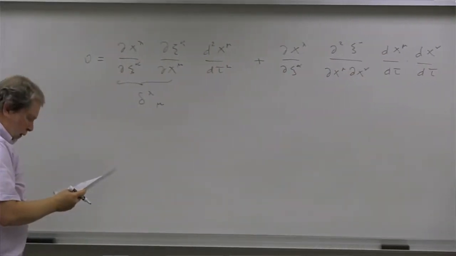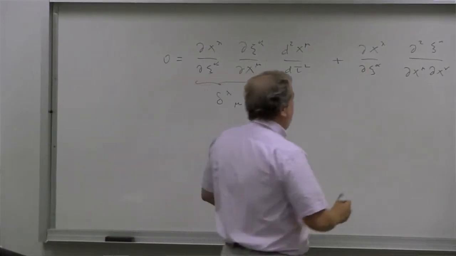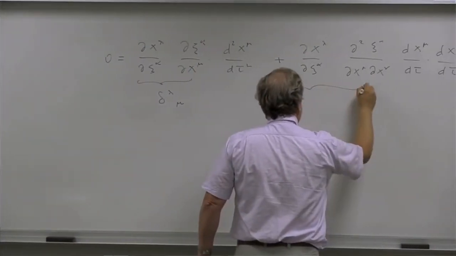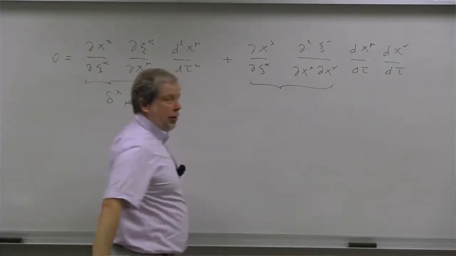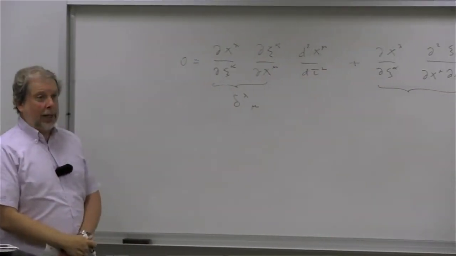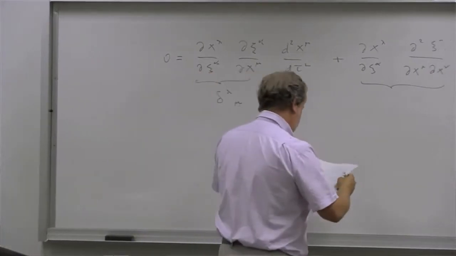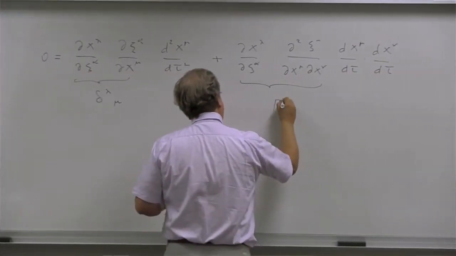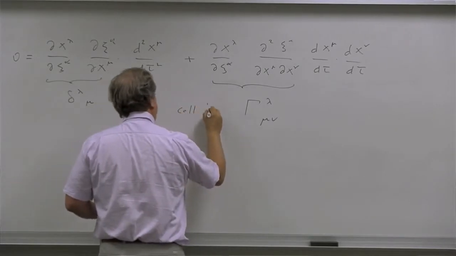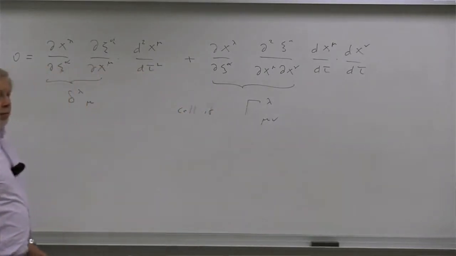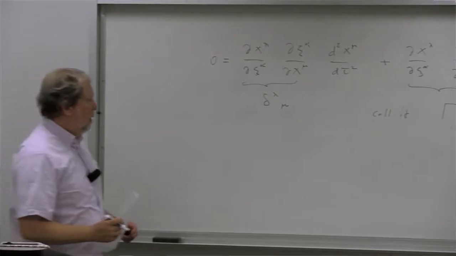So what do we do with this? Well, not a whole lot at this point. We are just going to take this object and give it a name. We are going to call this gamma lambda mu nu. We'll come back to it in a little bit.